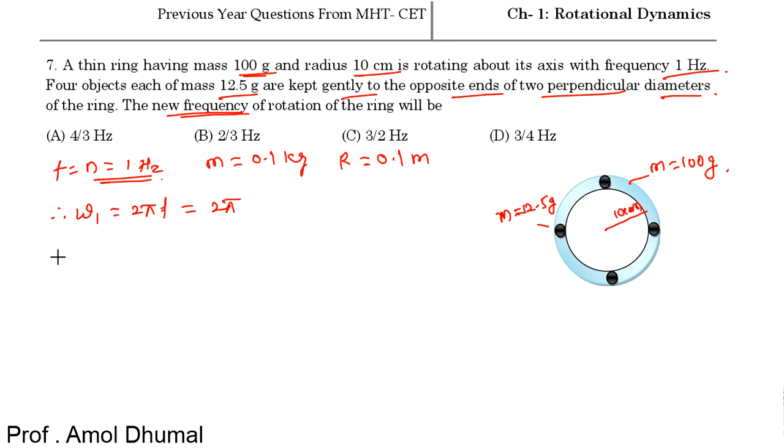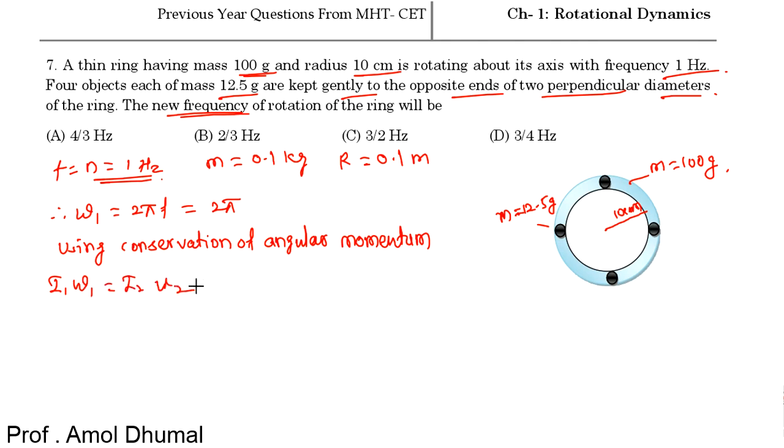So using conservation of angular momentum, we have I1 omega 1 is equal to I2 omega 2. So here I1 is the moment of inertia of ring and I2 is the moment of inertia of ring with these 4 objects, right?